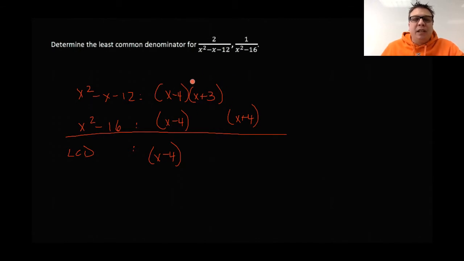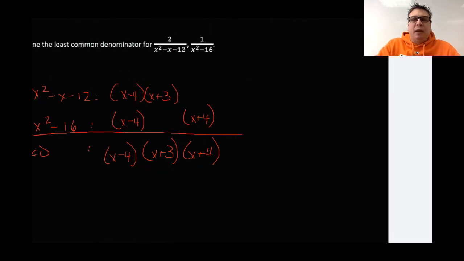Then the factor that the first one has that the second one doesn't has to be introduced, and that would be an x plus 3. And then lastly, the factor that the second one has that the first one doesn't is an x plus 4. So that's my least common denominator. And I don't need to multiply all this stuff out. Just leave them in factored form.